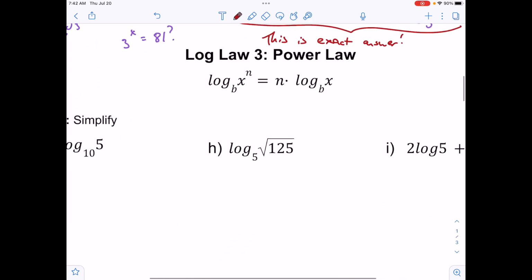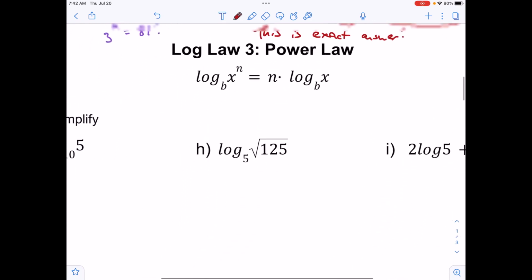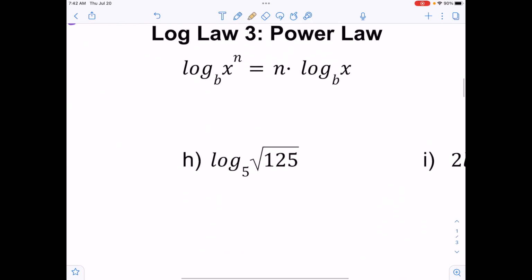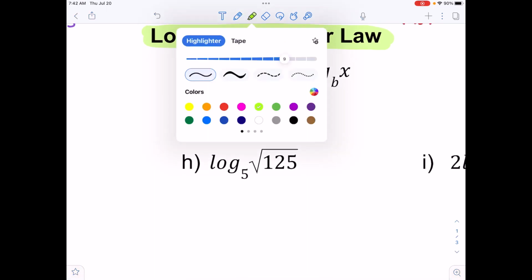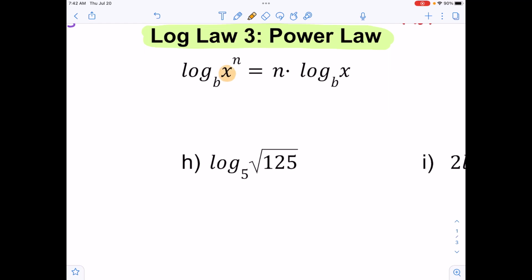The last log law that we're going to be talking about here is the power law. This one's fun. The power law says this. If I have, again, same base, a variable in my question that's being raised to an exponent, okay?